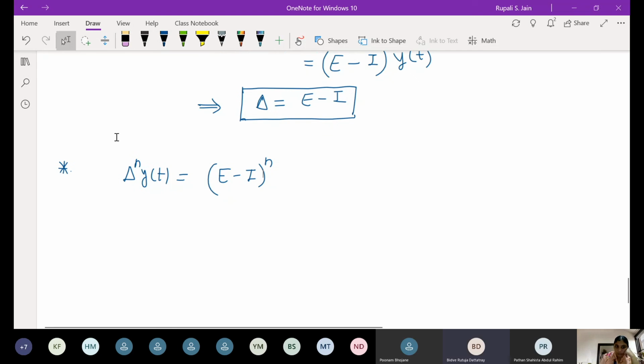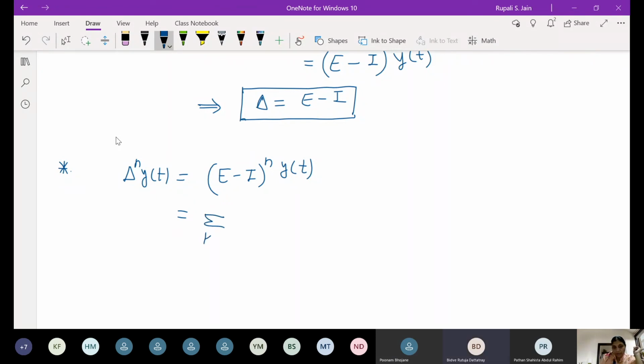Operated on yt. So what will this be now? It is like a minus b raised to n operated on yt, where e and I are operators. So I can use the binomial formula.